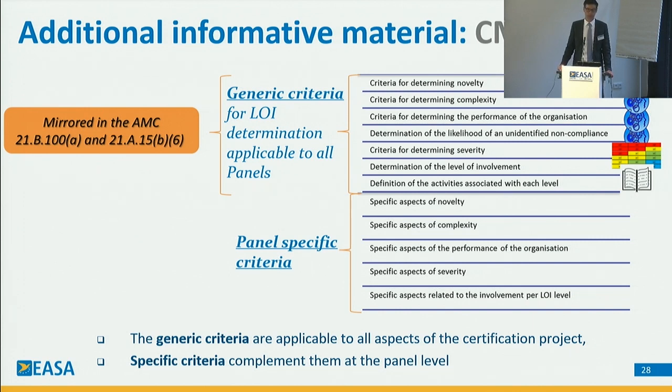That's why we're going to update it and delete that part so that we don't have duplication, and just keep the appendices to this certification memorandum, which are more explicit per EASA panel. So you can find there, for example, for the software panel, how to apply this in a more specific way.